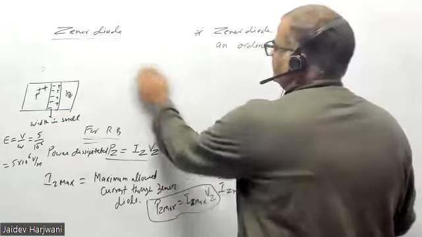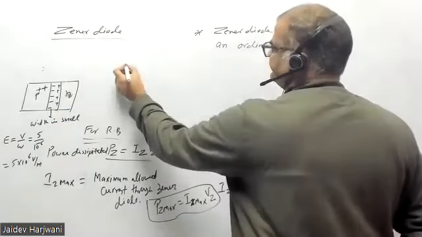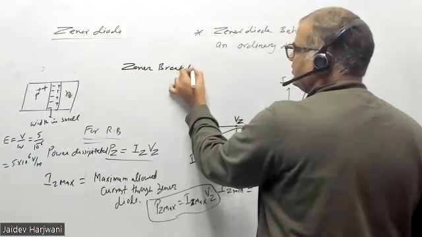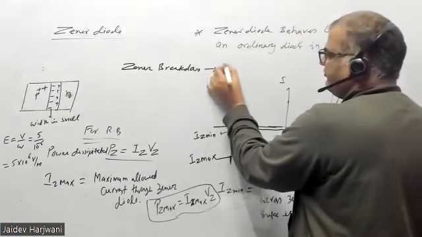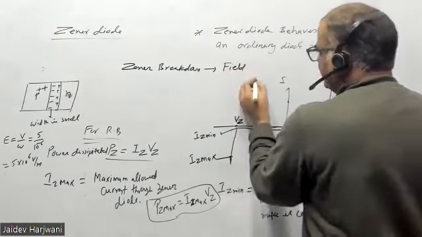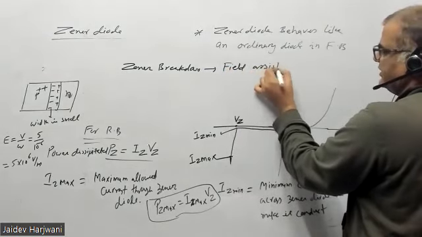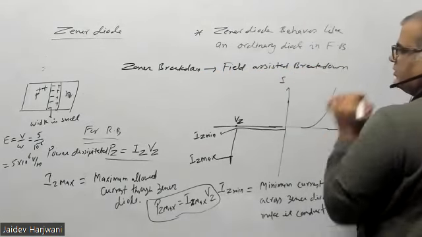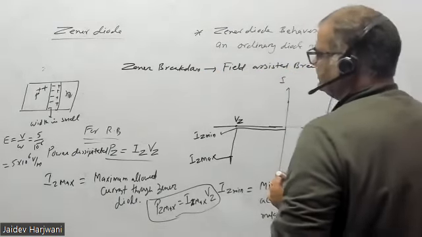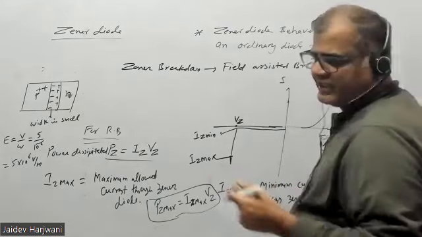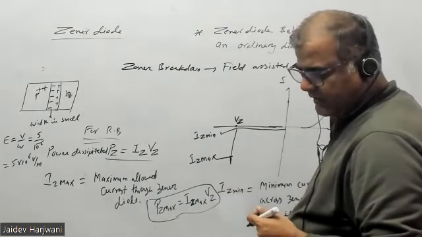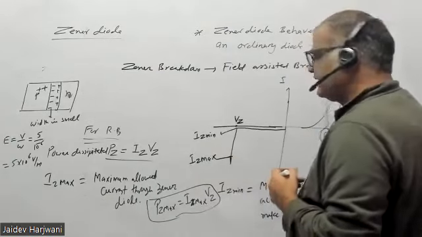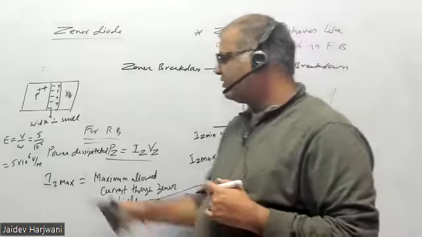This is a field assisted breakdown. So what is Zener breakdown? Zener breakdown is field assisted breakdown. And if you increase the temperature, then the Zener voltage will decrease. Suppose at 300 Kelvin you have a Zener voltage of 5 volts.